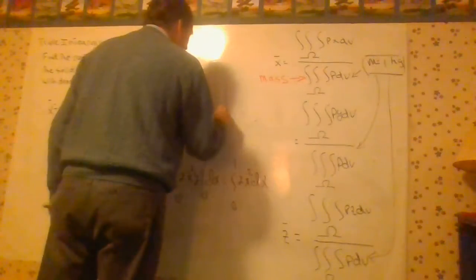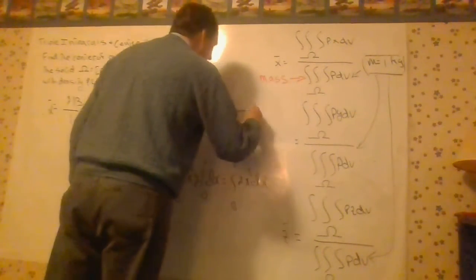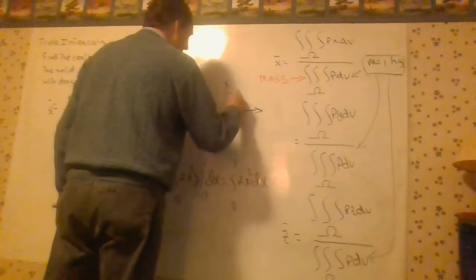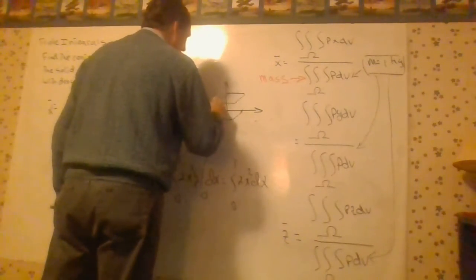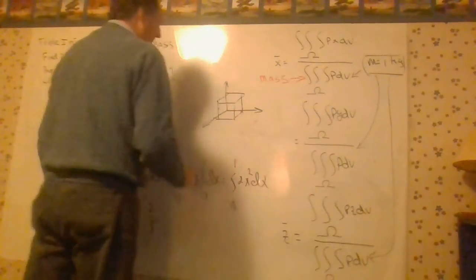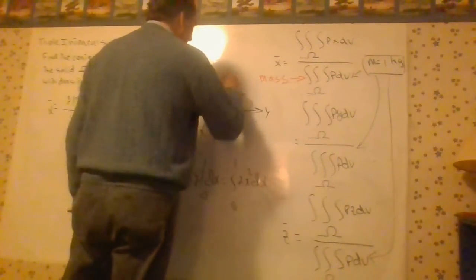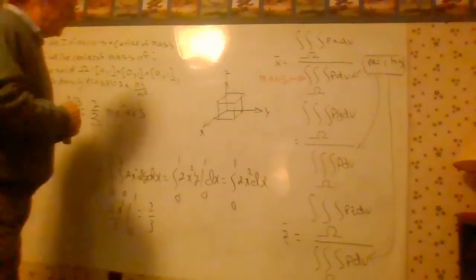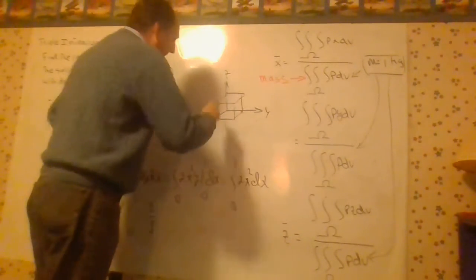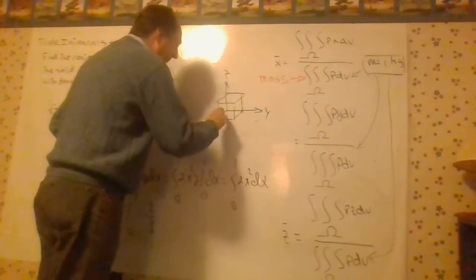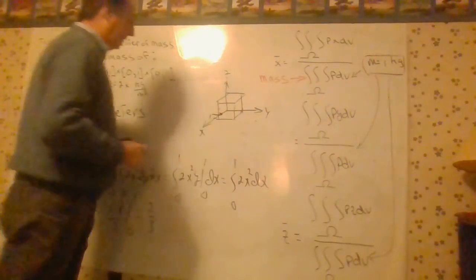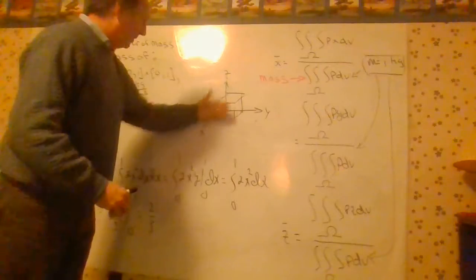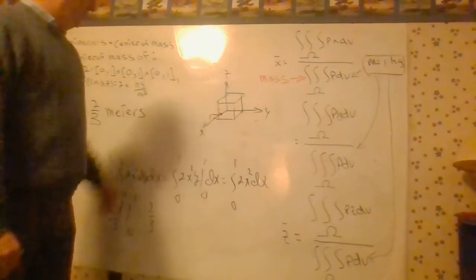If we draw our little picture here of our unit cube, there's x, there's y, there's z. The center of mass is right out here, 2/3 of the way from 0 to 1. It's skewed a little bit more toward here because the density varies with position.